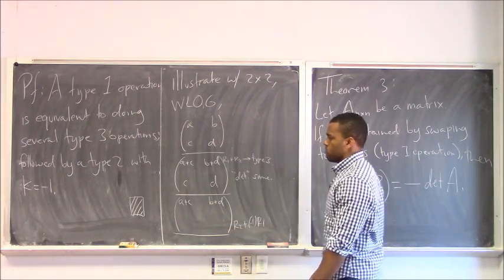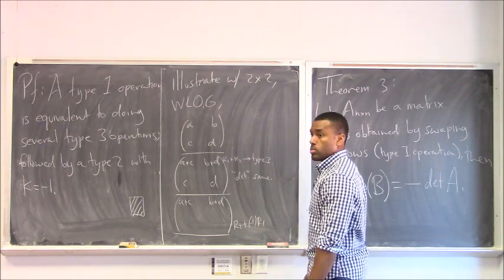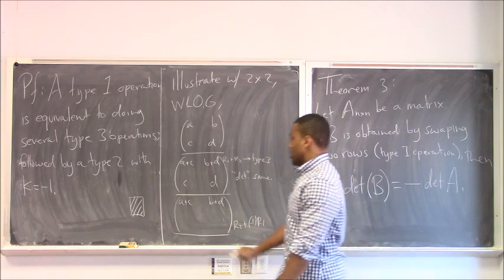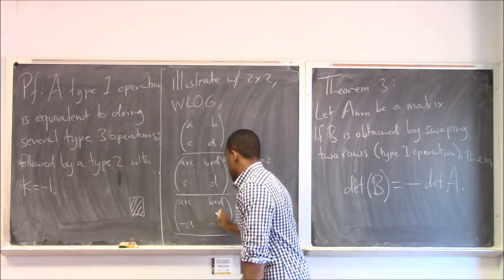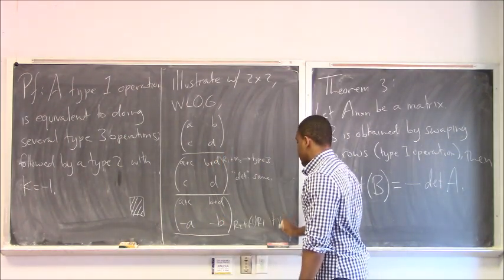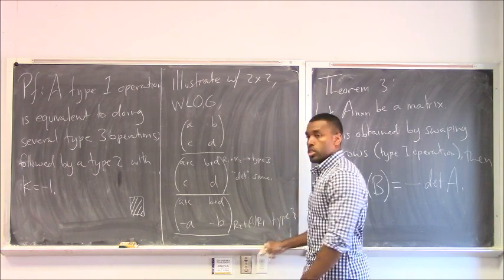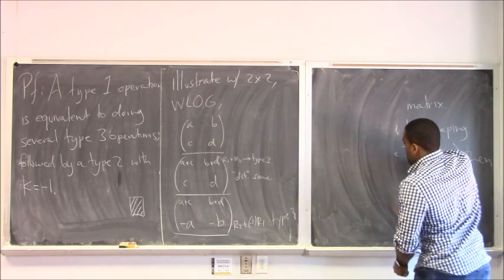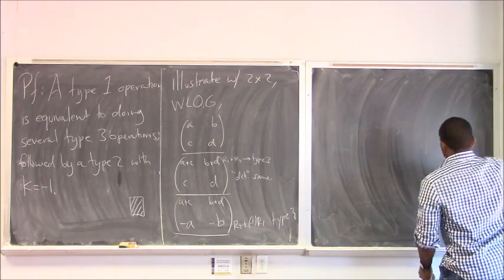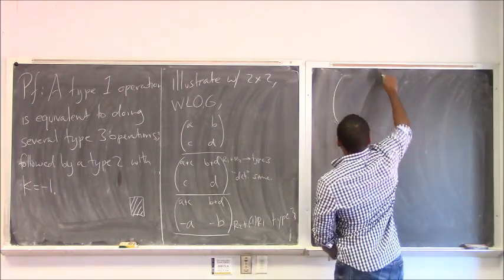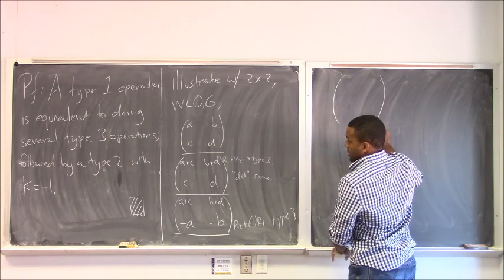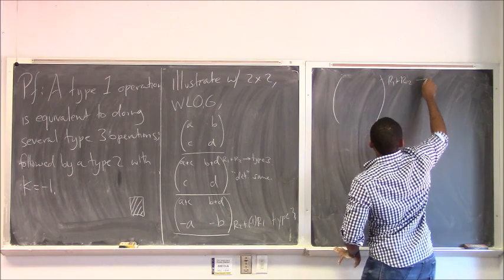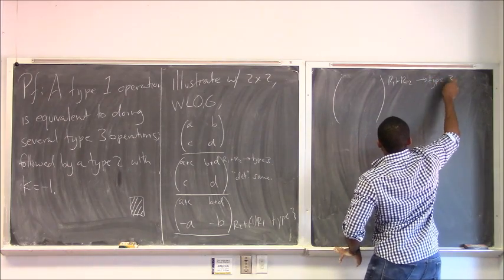What would that give me? Negative A, negative B. Again, this is a type 3, right? Determinant not changed. The third thing I'm going to do is add these two: take row 1 plus row 2. Again, it's a type 3, so the determinant is not going to change.